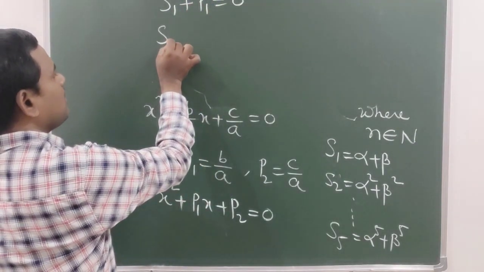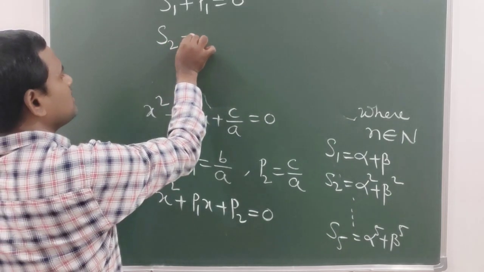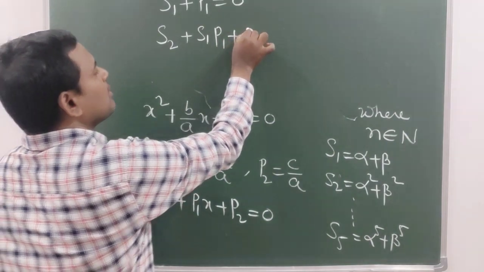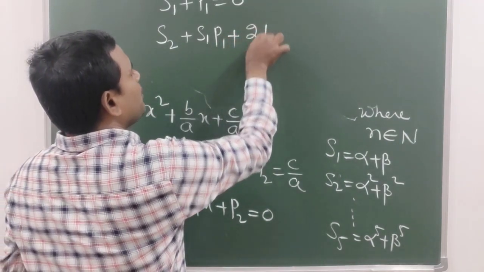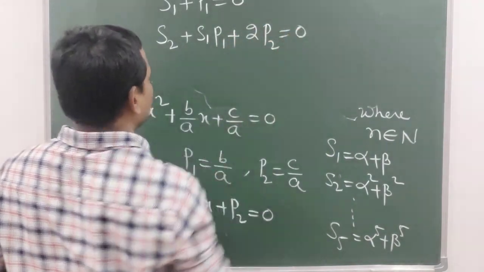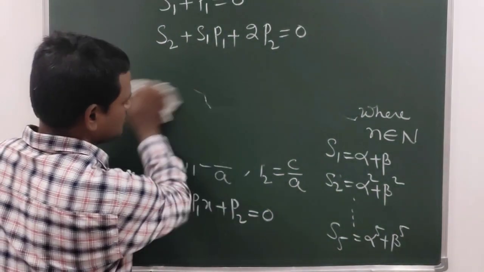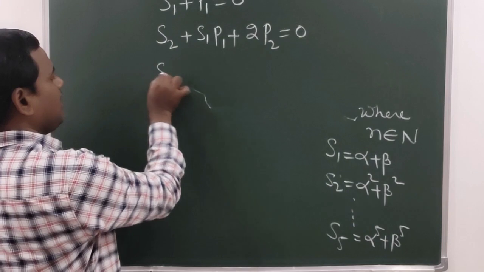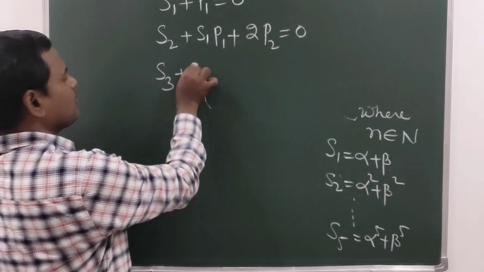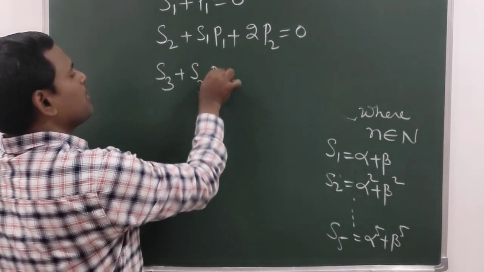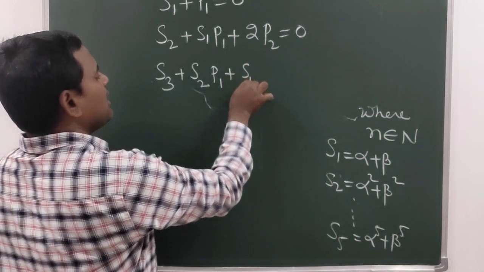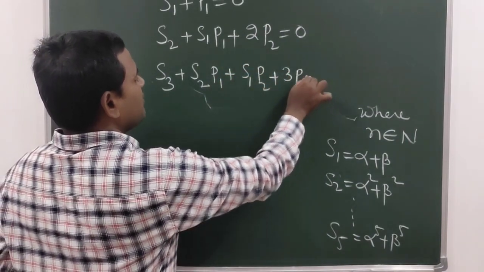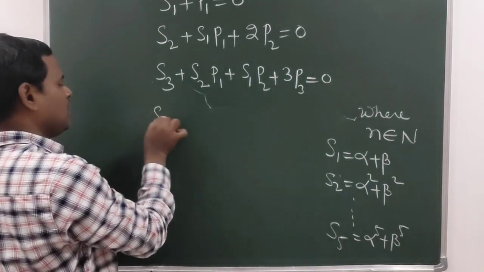Next step, S2 plus S1 P1 plus 2 P2 equal to 0. S3 plus S2 P1 plus S1 P2 plus 3 P3 equal to 0.